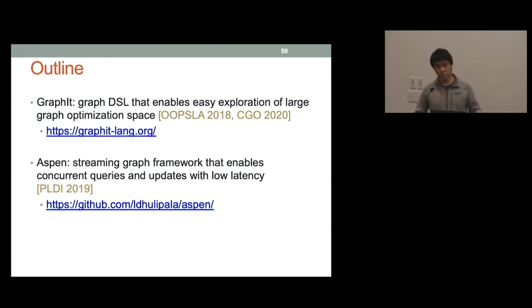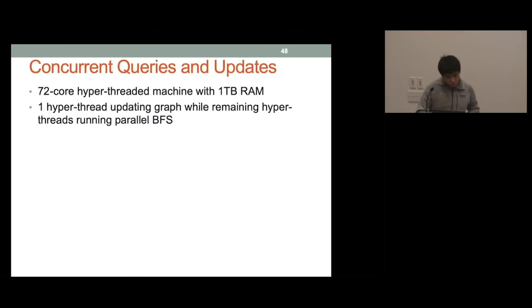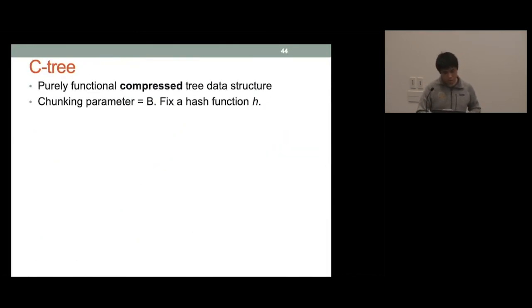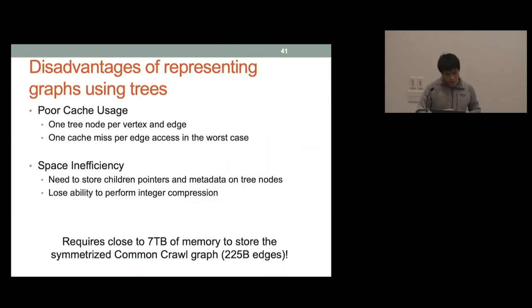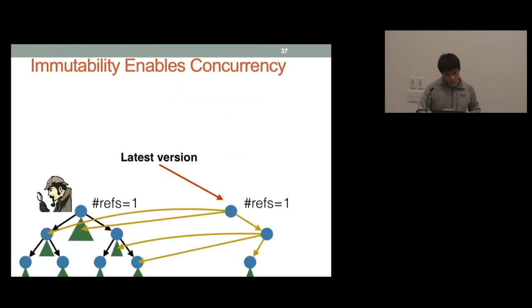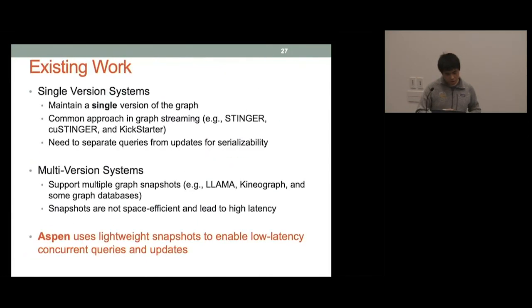As I mentioned, it's a single version system, so it only keeps around the latest version of the graph. In contrast, Aspen keeps track of multiple versions of the graph. On one of the earlier slides, I listed a couple of other systems. Let me go back to this slide. Here are some of the other ones that are open source, and they support graph streaming. Okay, thank you.